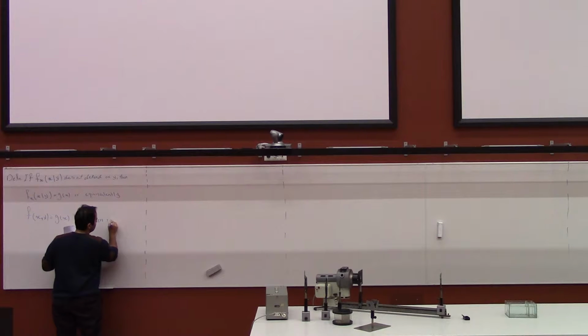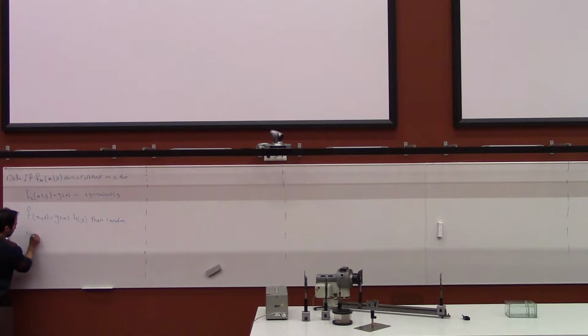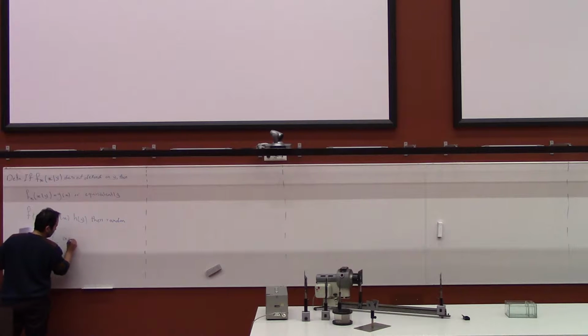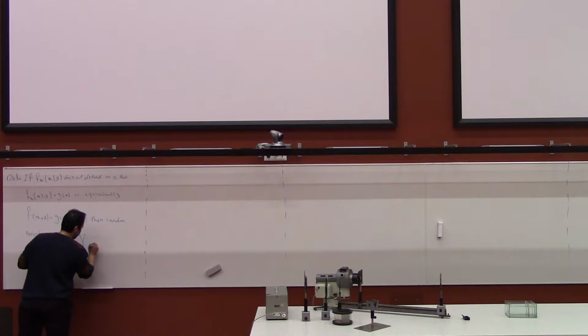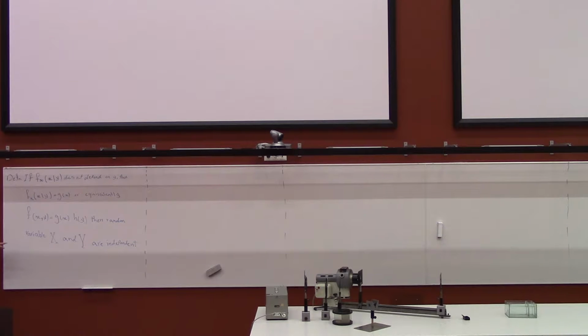Then the random variables X and Y are independent. When the random variables X and Y are independent, we can write this equation or, equivalently, this equation.